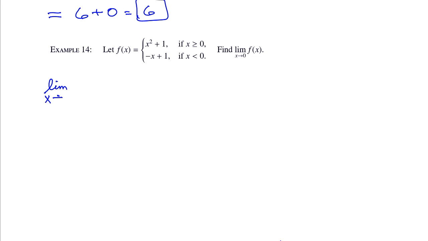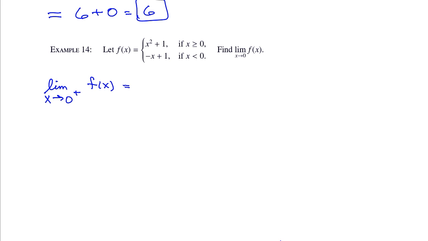All right? So let's do the right limit first. It's the limit as x goes to 0 from the right of f of x. Now the question is, which expression do I use if I'm doing the right limit? Is it the x squared plus 1, or is it the negative x plus 1? And how do you know? X squared plus 1, because you're coming from the right, and greater than 0.